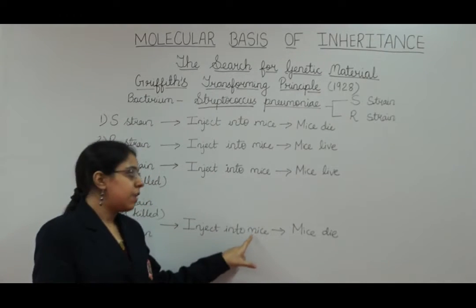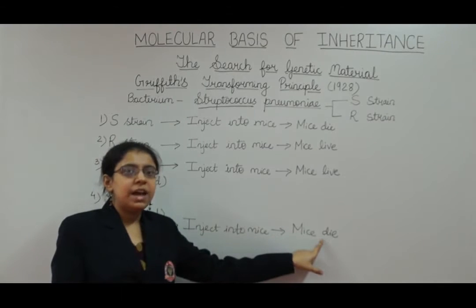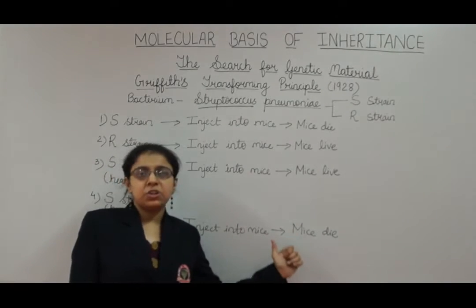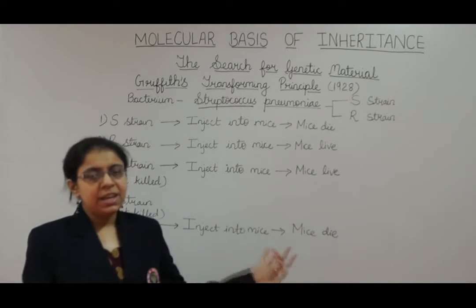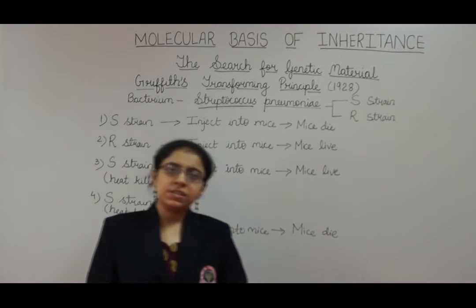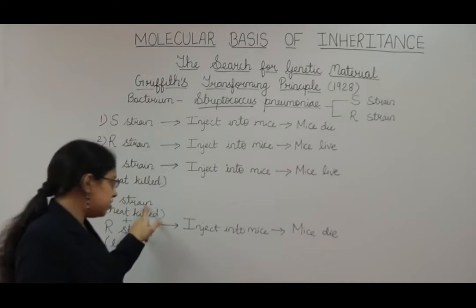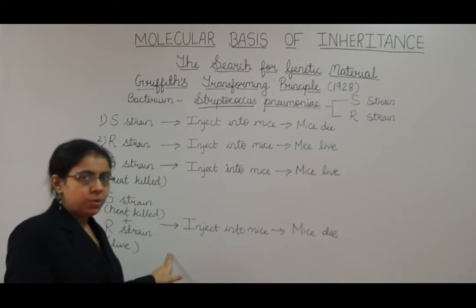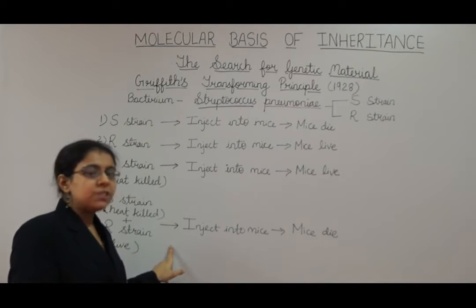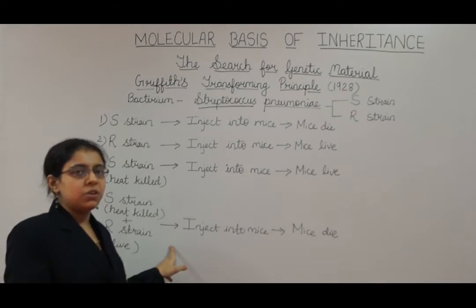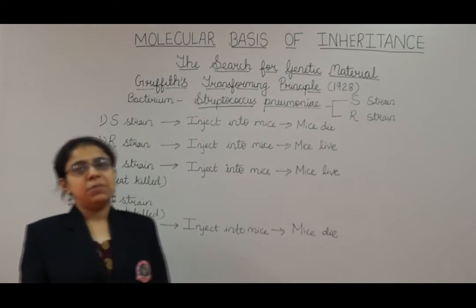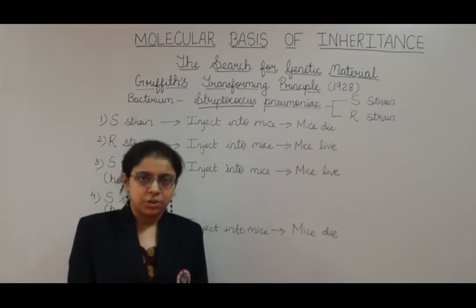This time he found that the mice died due to infection. By observation of this result, he concluded that there was something in the S strain which transformed the R strain, due to which the R strain, which was earlier incapable of causing the infection, got transformed and now became capable of causing the infection.